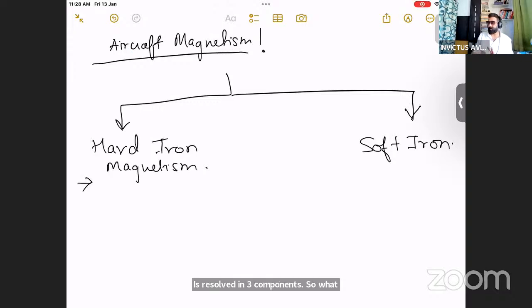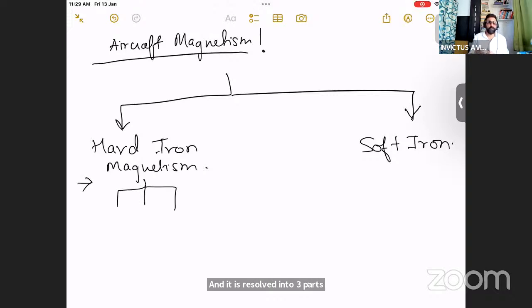So what is hard iron magnetism? It's a total force experienced wherever the compass is, and it is produced by the hard iron magnetism. Hard iron magnetism, understand, is permanent magnetism of the aircraft, and it is resolved into three parts.